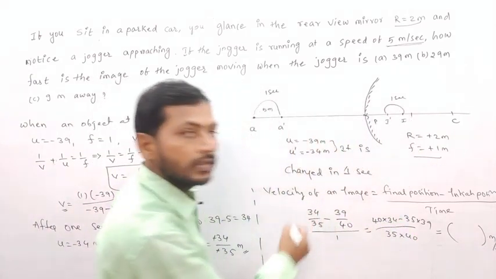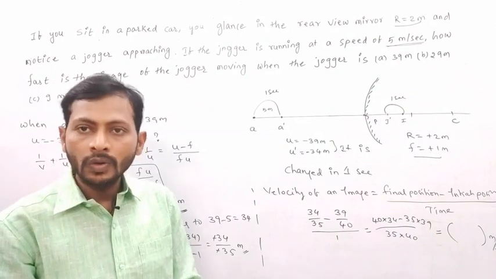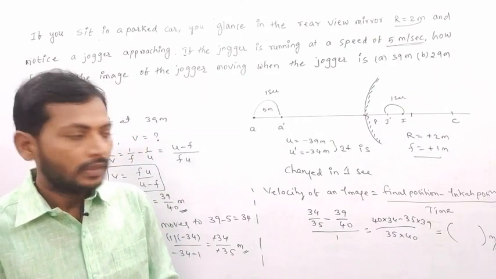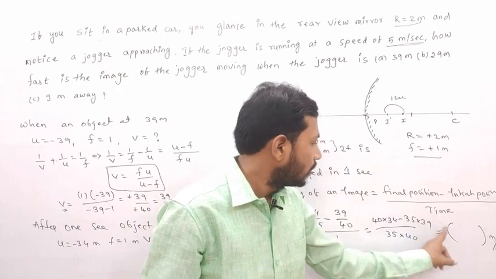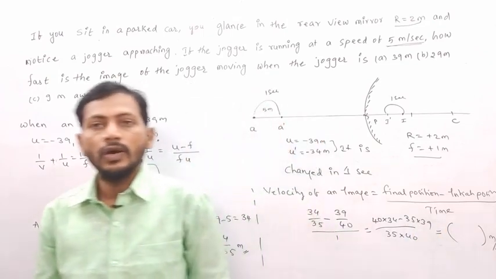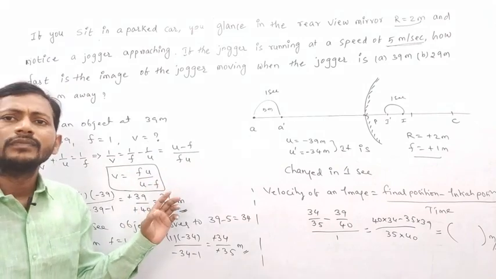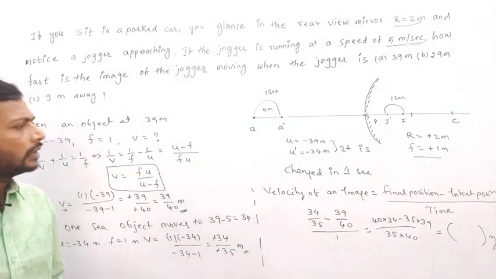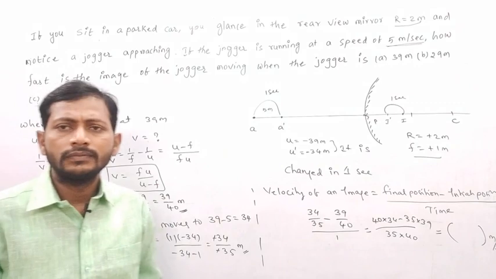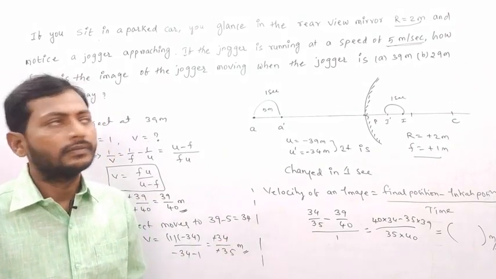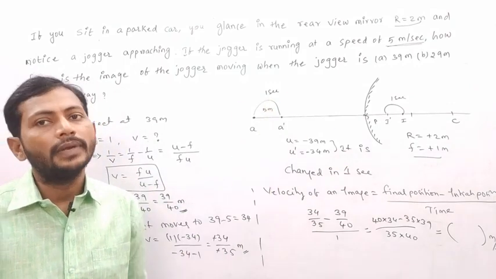Clear? Because it is 1 second. I don't want to waste your time, so I am not going to multiply. You can multiply and divide and get the answer. So this is the regular method to find the speed of the image.